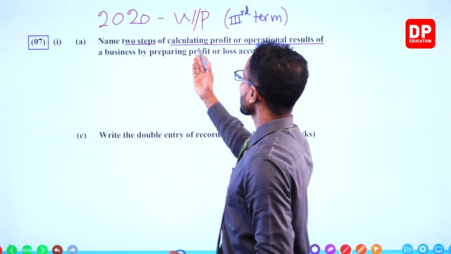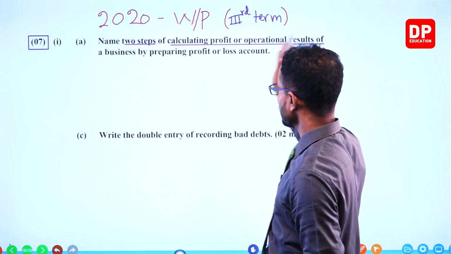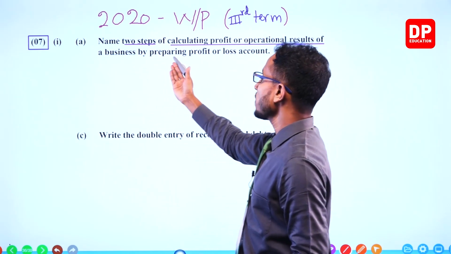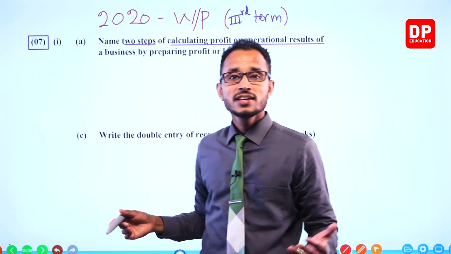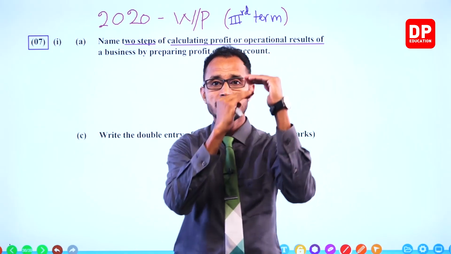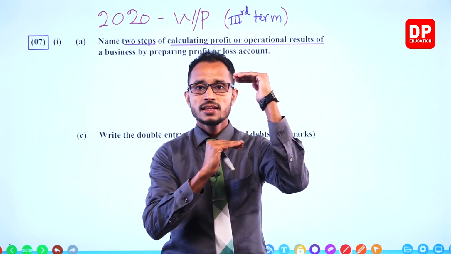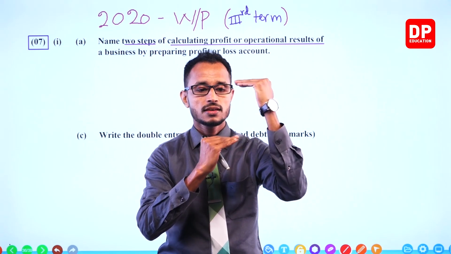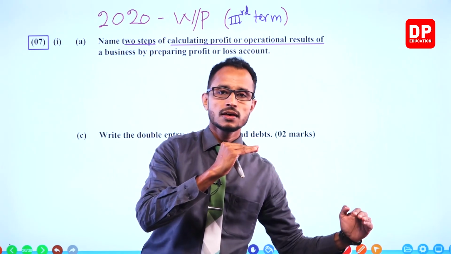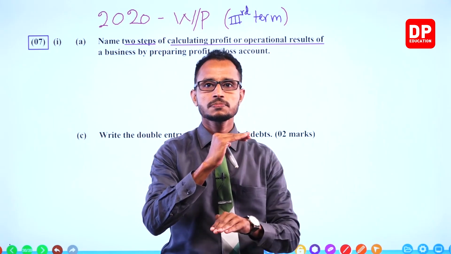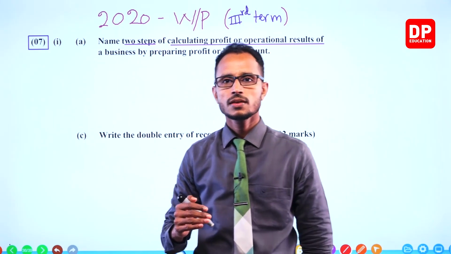Two steps of calculating profit or losses of a business by preparing a profit or loss account. What are the 2 steps? The trading account part, the trading part, and the below part is the profit or loss part. Didn't get it?